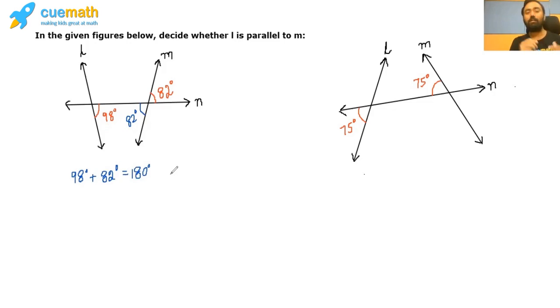Now we know that a pair of angles, when they're present on the same side of the transversal and on the interior part of the two lines, and they are supplementary.